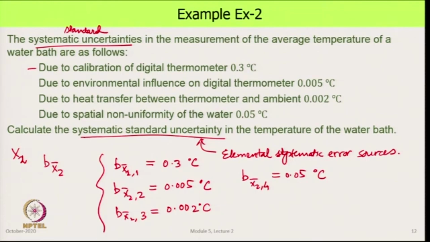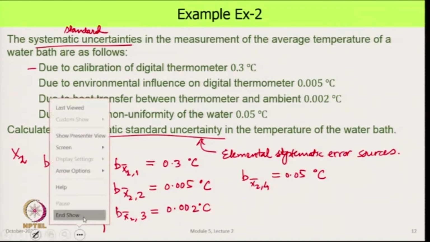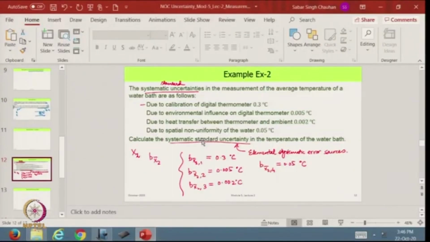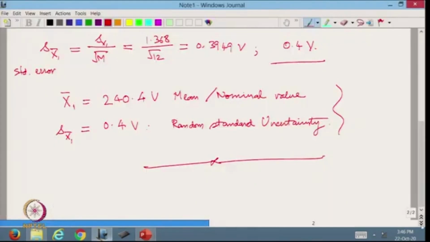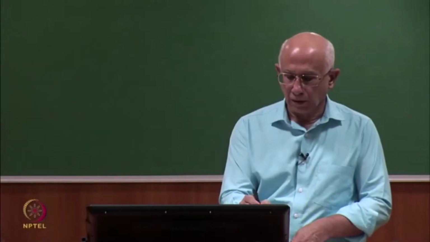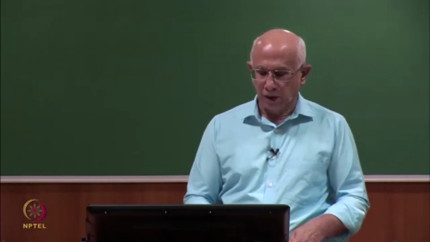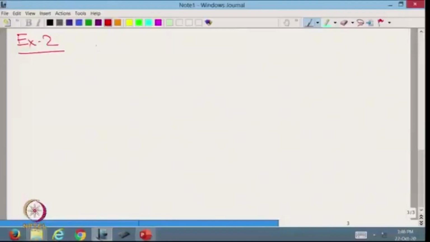So, now let us see what the solution will look like. The relation that we got to use is that the systematic standard uncertainty in the result is the square root of the sum of squares of elemental systematic standard uncertainties from all the sources.